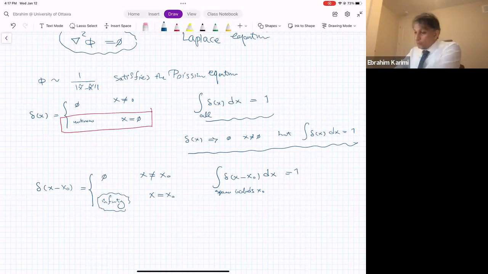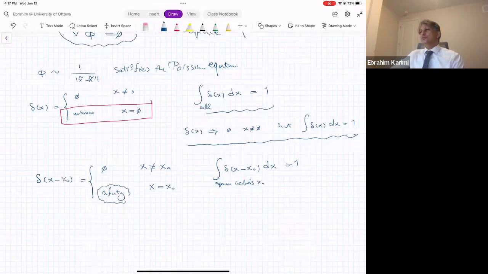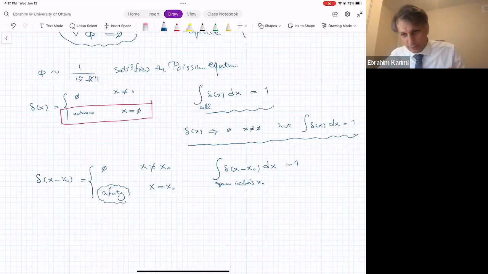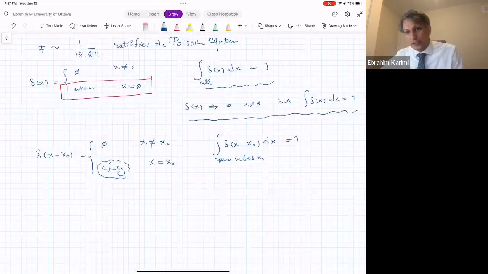How can you imagine this? One function that always helps to understand the delta function a little bit is the Gaussian function, a Gaussian normalized to 1.